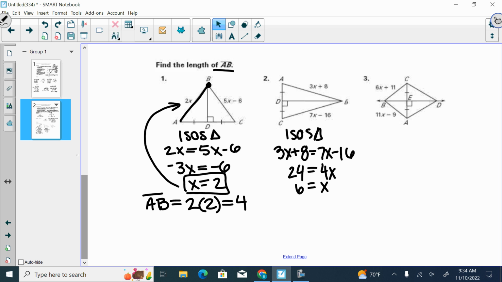Good. But they did ask for side AB, so I would need to take that and substitute it back in, right? So I've got AB is equal to 3 times 6 plus 8. So how long is AB? How much? 26. Good.